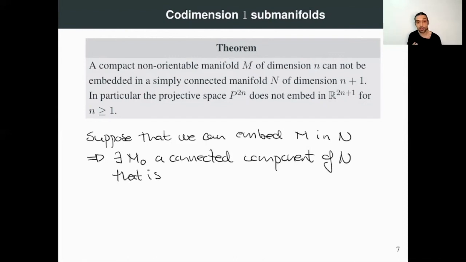Okay, because if all the finitely many connected components are orientable, then M is orientable. So up to replacing M with M0, we can suppose that M is connected, okay?